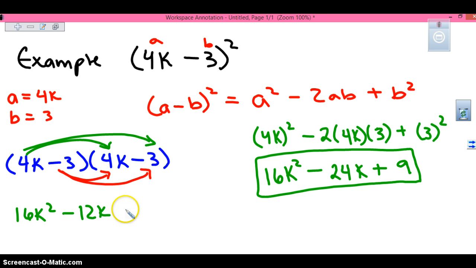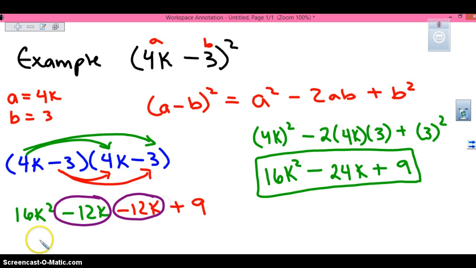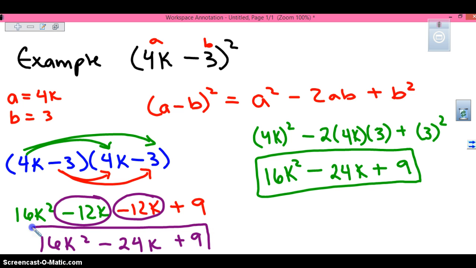Negative 3 times 4k is negative 12k. Negative 3 times negative 3 is positive 9. If we combine the like terms, we end up with 16k squared minus 24k plus 9. Did we end up with the same answer either way?